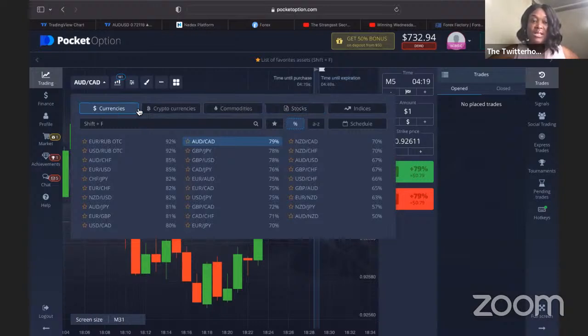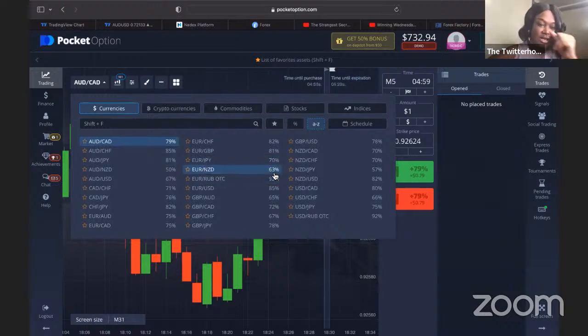So you want to select currencies. The next thing is it's going to be on percentage, going from the highest percentage payout all the way to lowest. Now, I prefer to have it alphabetical, A to Z. That will make it easier for me to find whatever I am trading, right? And click outside.